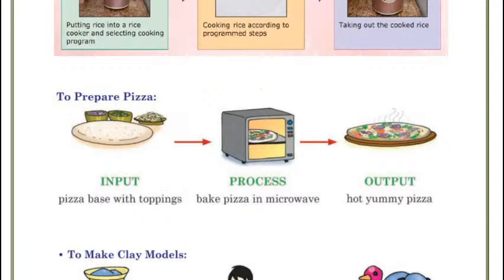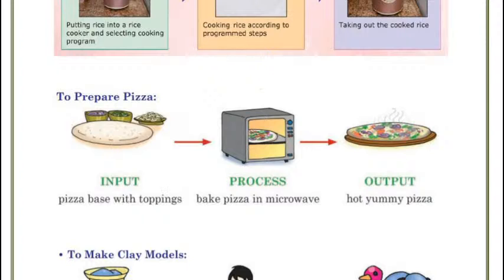Then after collecting all the inputs, we arrange them in the pizza plate or in a bowl. Then that is kept inside the microwave oven for the specified time, 10 or 15 minutes, the duration you have to set on the machine.